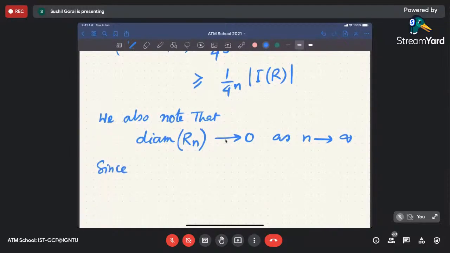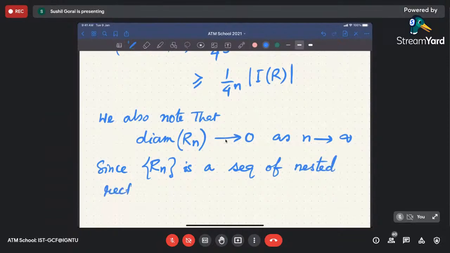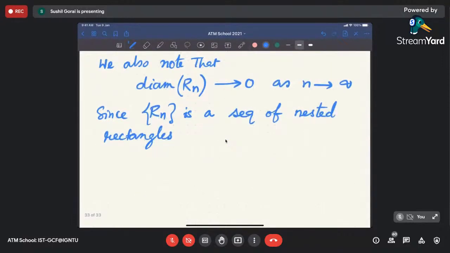Since Rn is a nested sequence of rectangles, a nested sequence of compact sets, and the diameter converges to 0, the intersection of Rn will have just 1 point. Let's call it Z0. Z0 belongs to R, right?